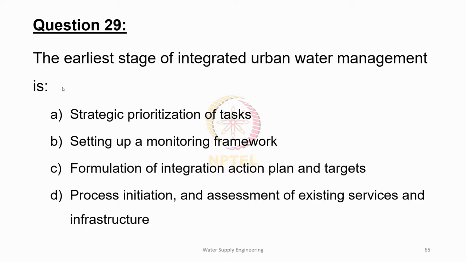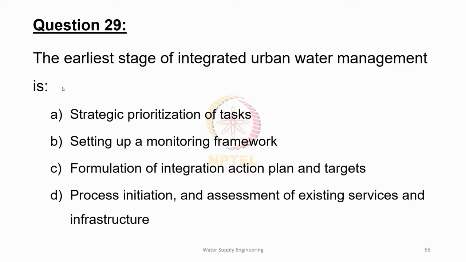Question 29. The earliest stage of integrated urban water management is option A, strategic prioritization of tasks. Option B, setting up a monitoring framework.